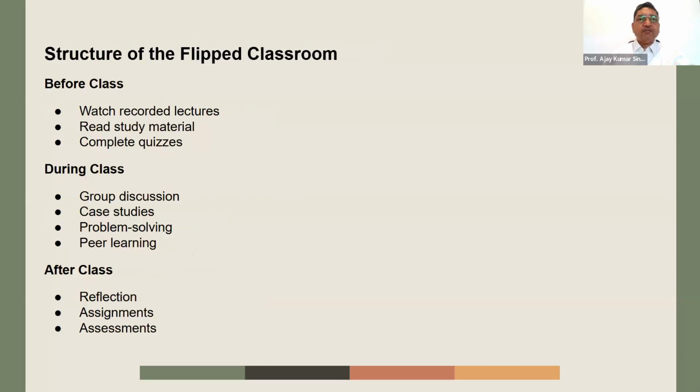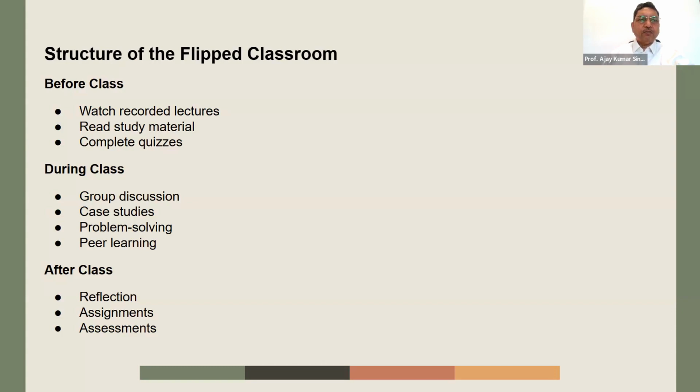So what is the structure of the flipped classroom? Before class: watch recorded lectures, read study material, complete quizzes. Nowadays, even in the classroom, you can do quizzes. Whatever is being discussed in the classroom, you can have a quiz there also. And before that also you can have.